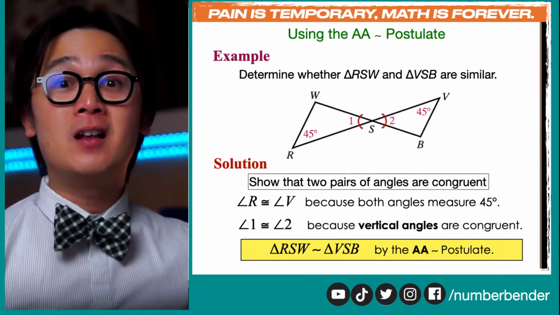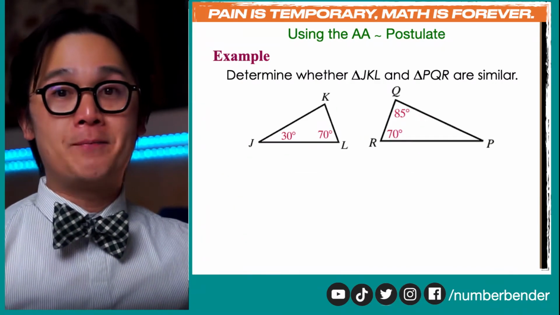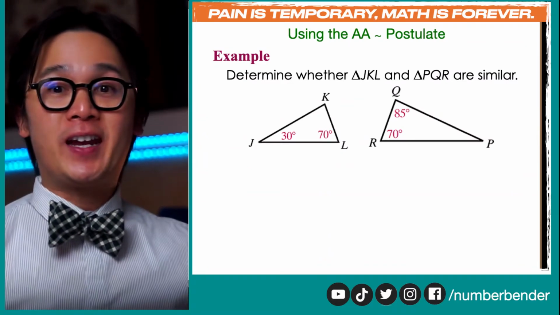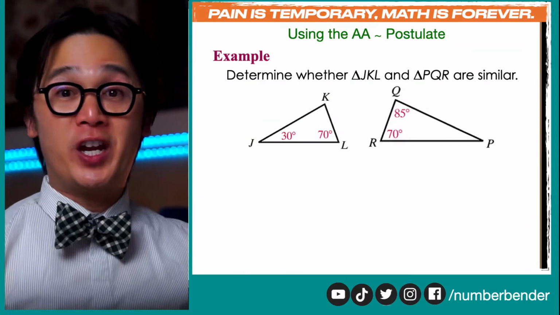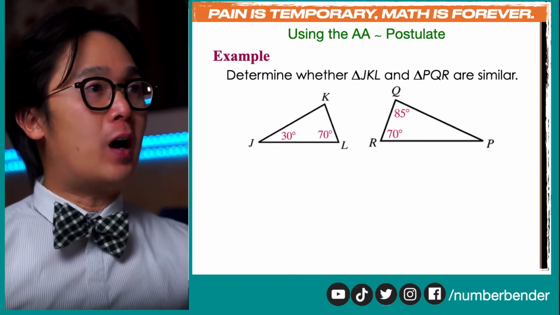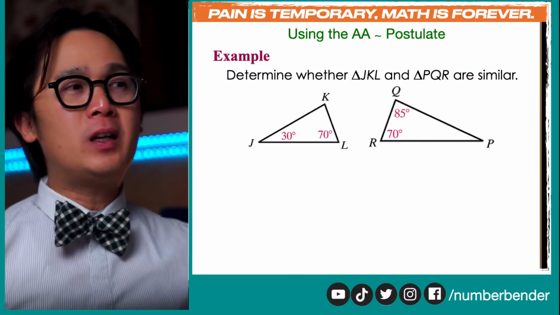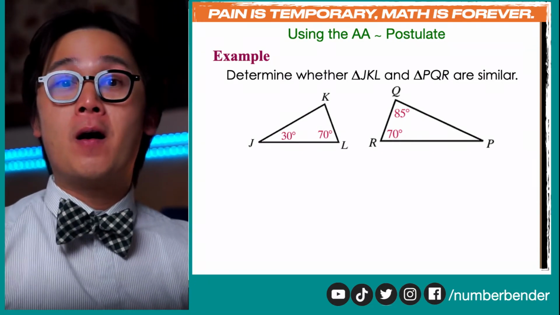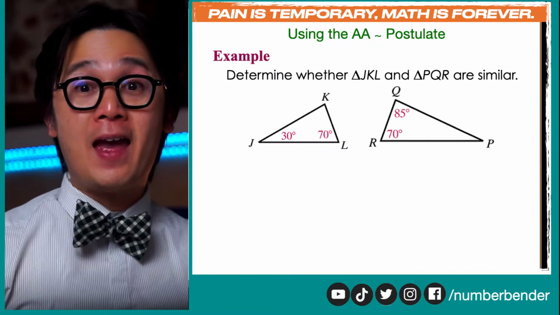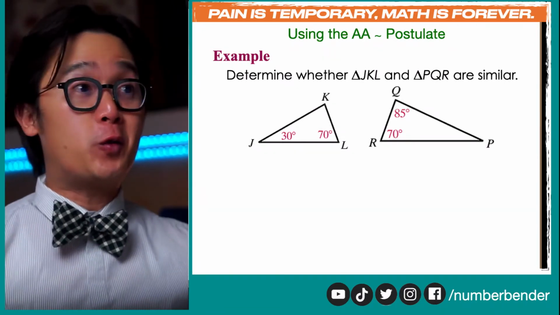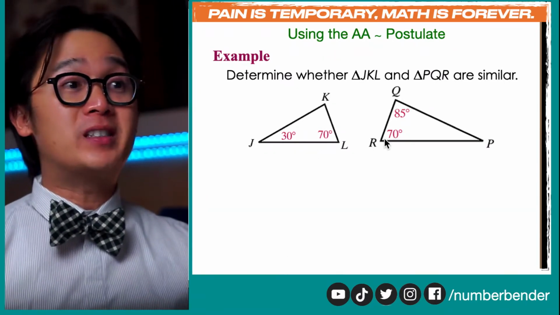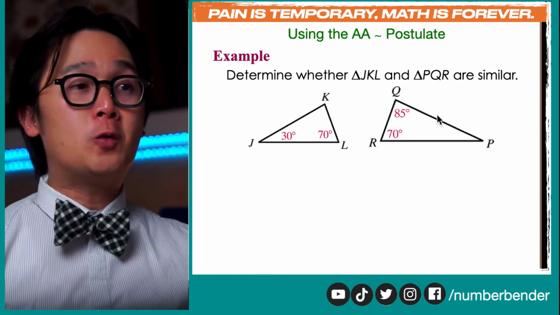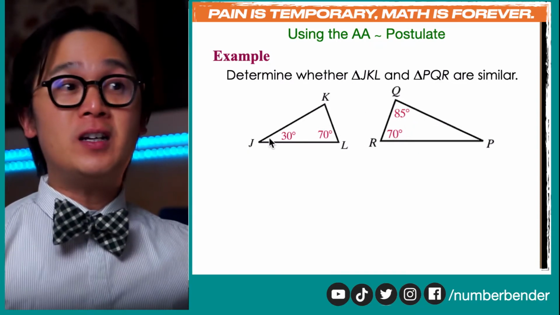If we have two separate triangles, JKL and PQR, we are seeing that we only have angle L and angle R that are congruent, which are both measuring 70 degrees, but angle J and angle Q are 30 and 85 degrees.